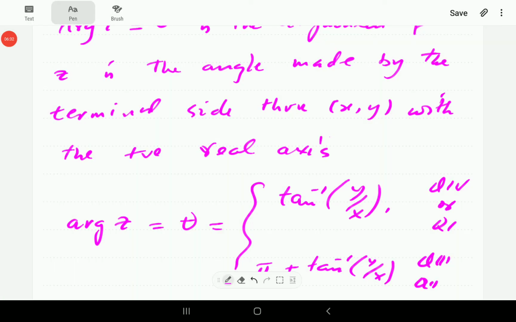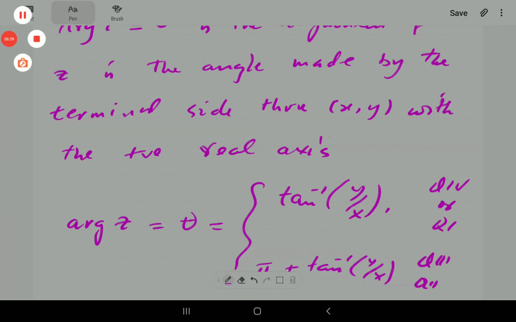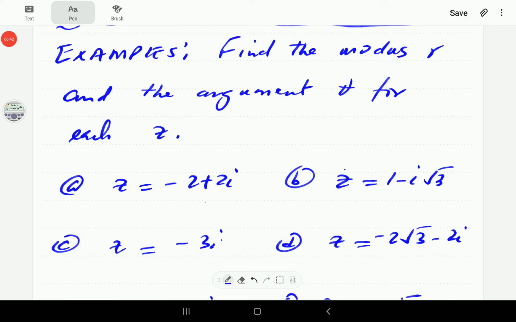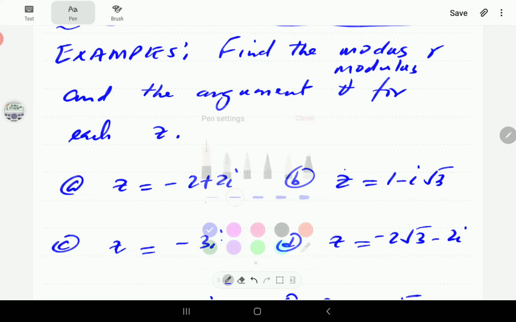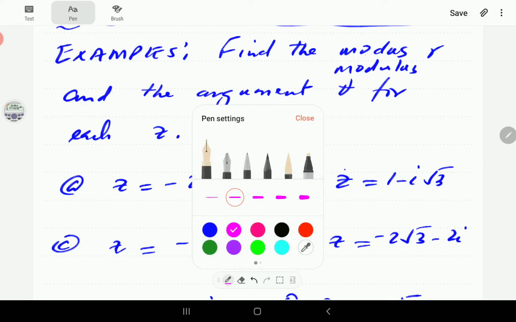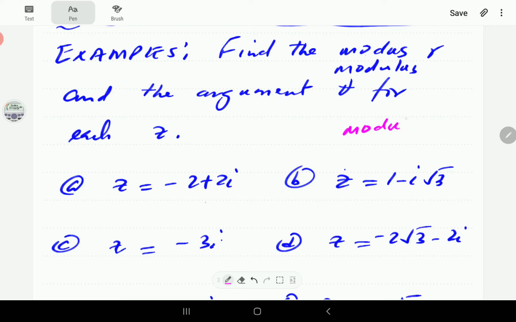Can we find the modulus of a complex number z? Can we find the argument as well? All right, so here we're given some complex numbers. For each one of them, we want to find the modulus, not modus. By the way, the plural of modulus is moduli. So one modulus, two moduli.